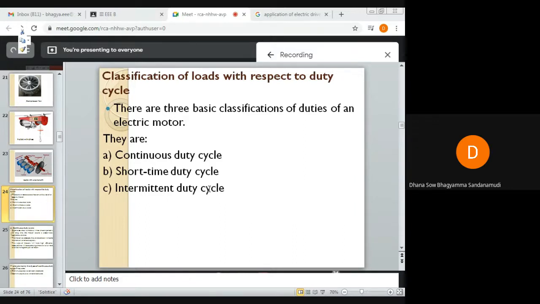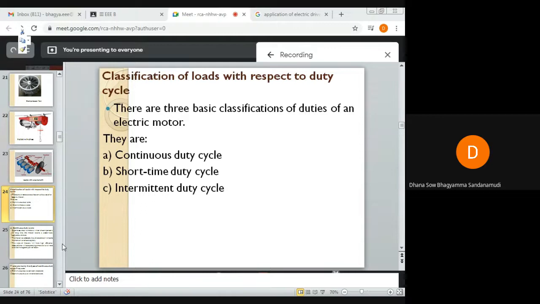This type of motor will have high efficiency because it operates almost at full load, and it also has a good power factor.